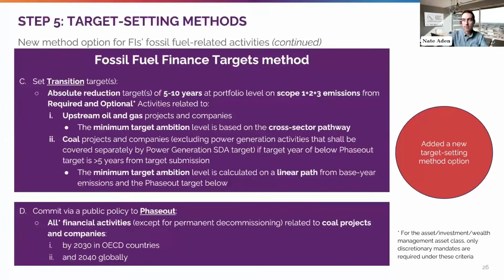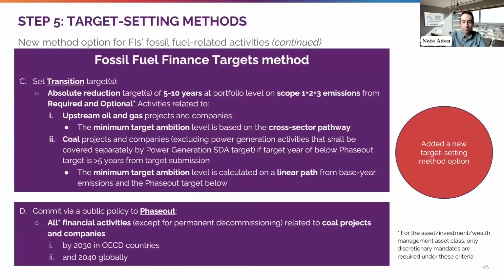Yeah, thank you, Howard, and thanks for the question. So the idea here is that financial institutions must cover all of their fossil fuel related activities, and this new fossil fuel finance targets method is one option. If, for example, they have asset management activities, they may use portfolio coverage once SBTi has established and published the oil and gas method and guidance.